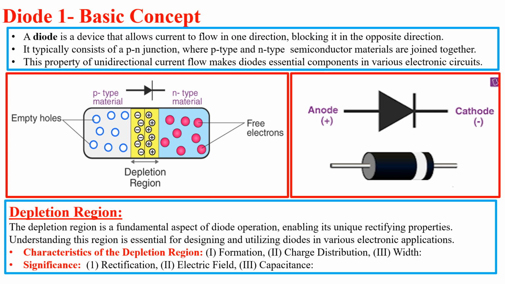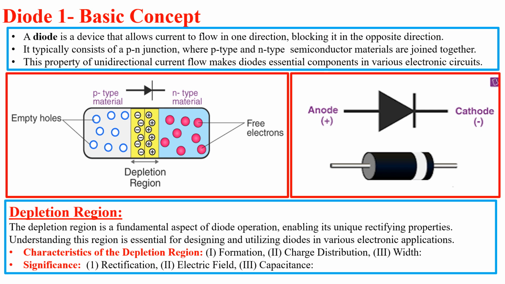The triangle points towards the vertical line and represents the direction of current flow through the diode. It also indicates that current can only flow from the anode, the triangle side, to the cathode, which is the line side of a schematic diode diagram.